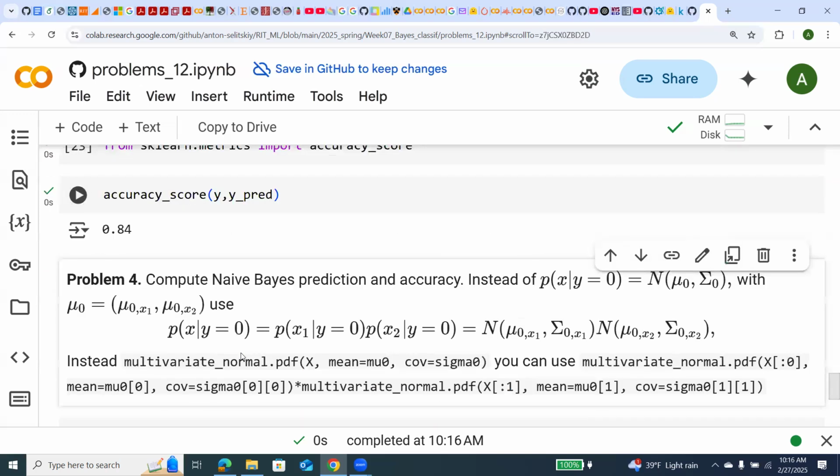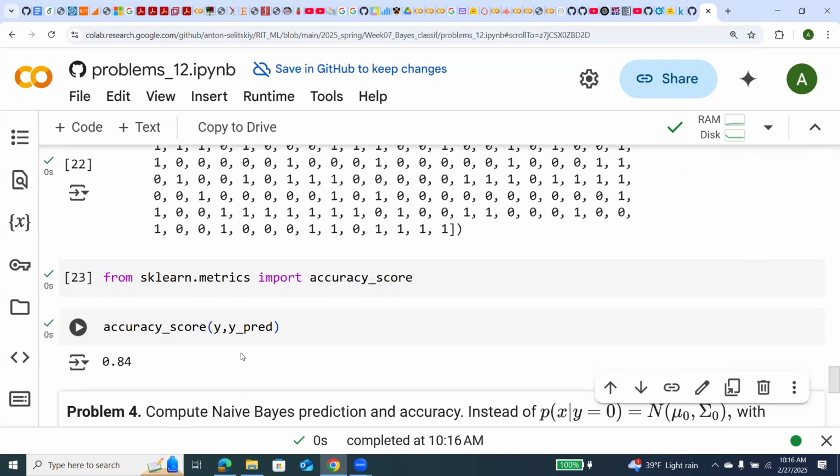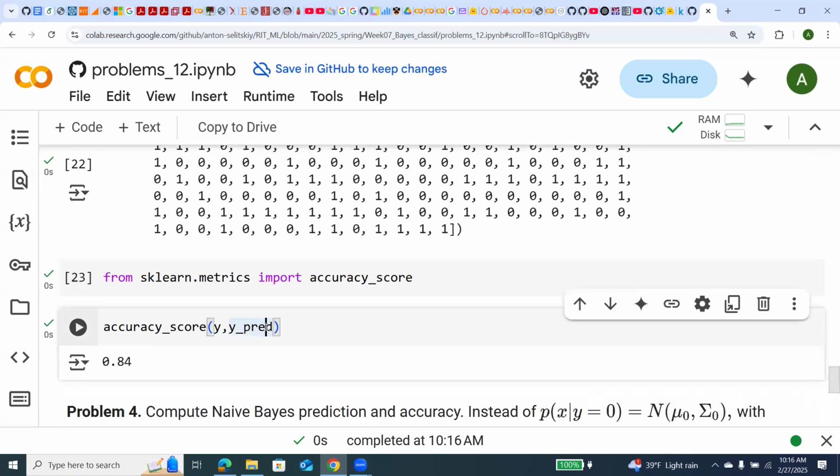And if you calculate the accuracy, it is 84%. If you use, for example, just linear logistic regression, we can compare actually.